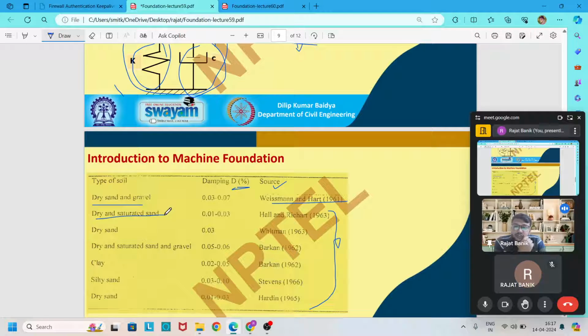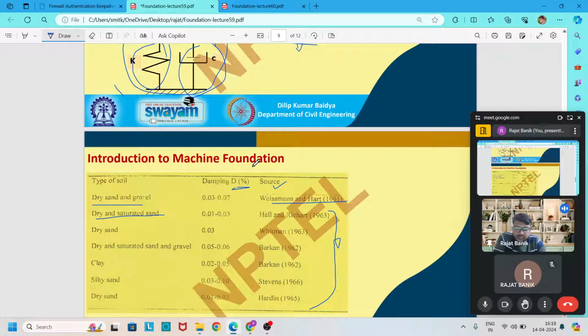For dry and saturated sand, the damping ratio is in between 0.01 to 0.03. For dry sand, it is 0.03. For dry and saturated sand and gravel, it is in between 0.05 to 0.06. For clay, it is in between 0.02 to 0.05.